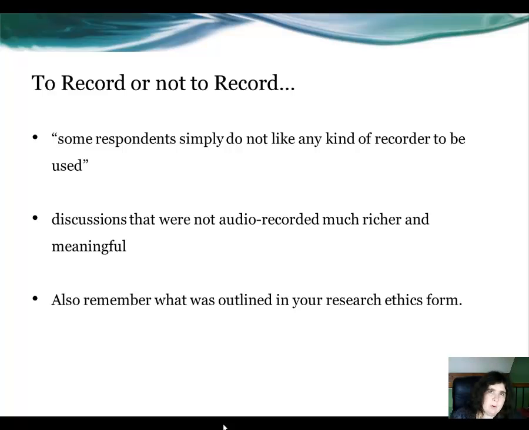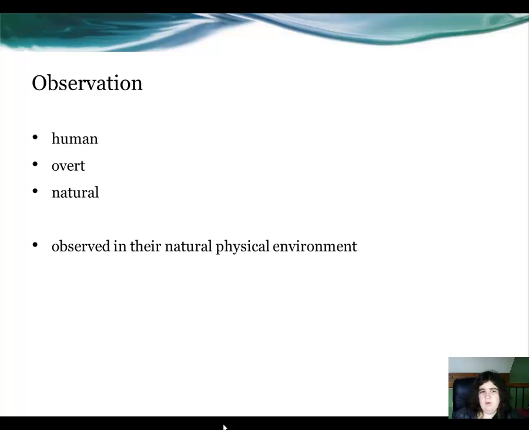The other type of qualitative approach that you can adopt is observation. It can be human, overt, or natural, and it can be observed in their natural physical environment. I remember doing this myself with a notebook and pad at the side of a shopping aisle, watching people interact with a product that a client asked me to observe.